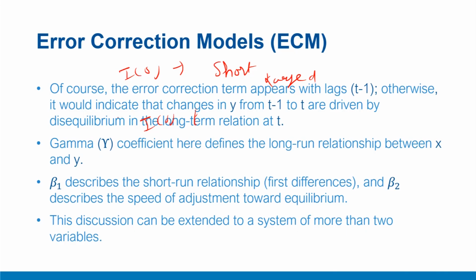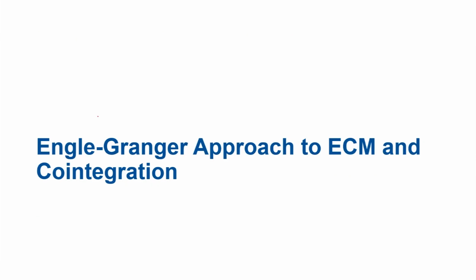This kind of approach helps estimate not only the long-term relationship and short-term relationship, but also the adjustment towards equilibrium as time progresses. However, this approach can only be applied if the system of variables, or the linear combination of these variables, is co-integrated, that is, driven by some kind of fundamental long-term relationship. In this video, we'll discuss the Engle-Granger approach to co-integration and error correction model.